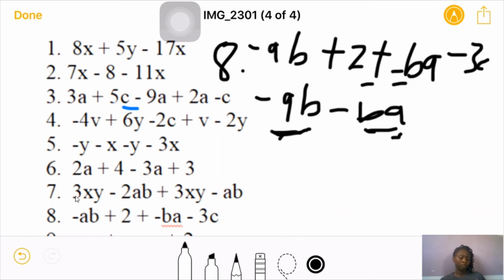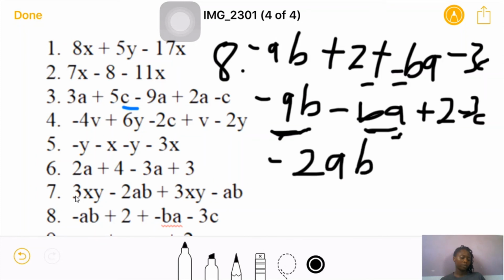Okay, so 2 is standing on its own, and 3C is standing on its own. So minus AB minus BA gives us minus 2AB plus 2 minus 3C. So that's just it.